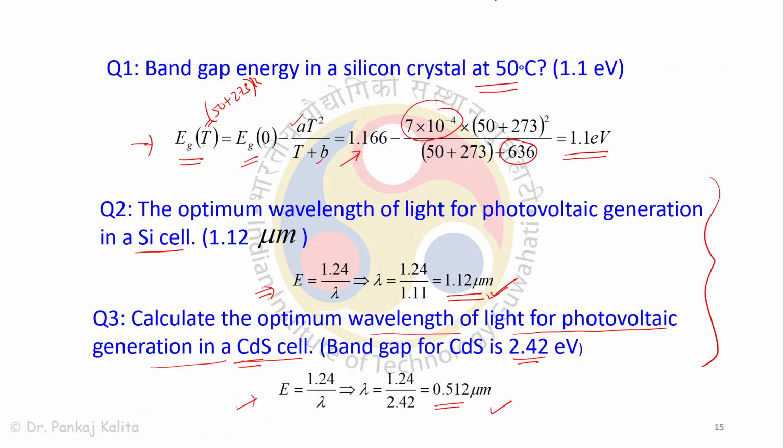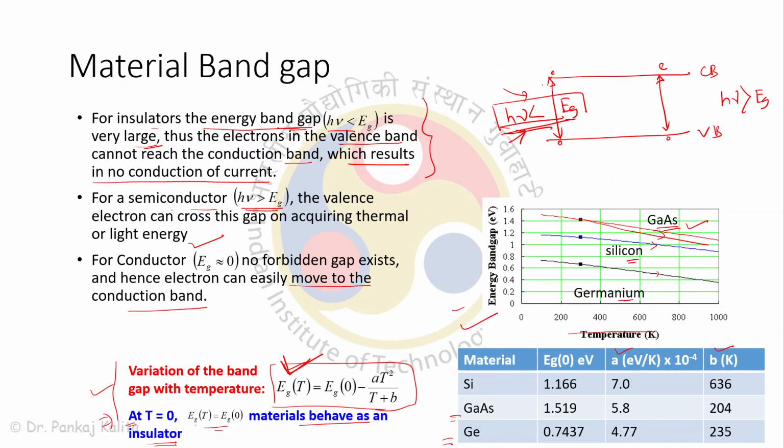Okay, so you need to calculate the band gap energy in a silicon crystal at 50 degrees Celsius, 1.1 electron volt. So just recall the formula. E_g(T) at 50 degrees Celsius. T should be in Kelvin, so it will not be 50 degrees Celsius, it will be 323 Kelvin.